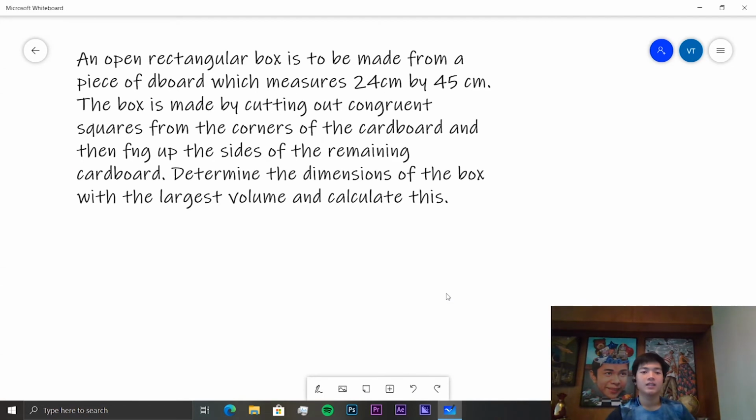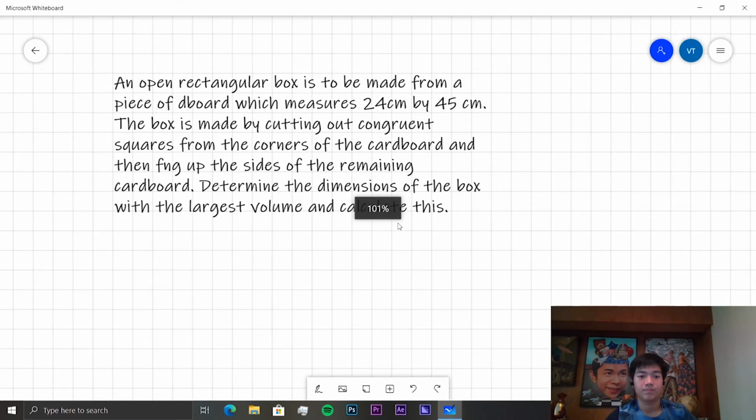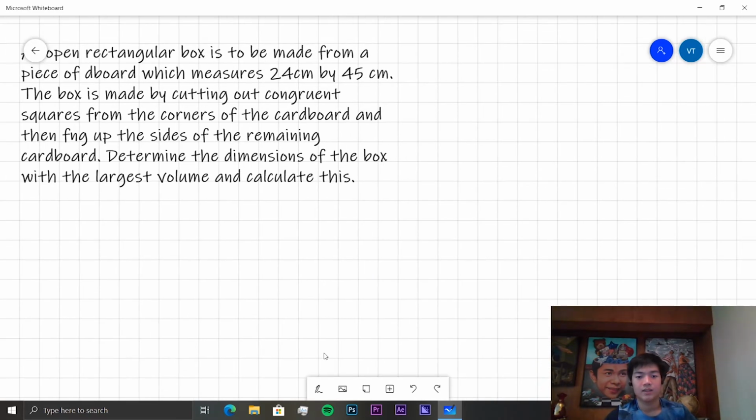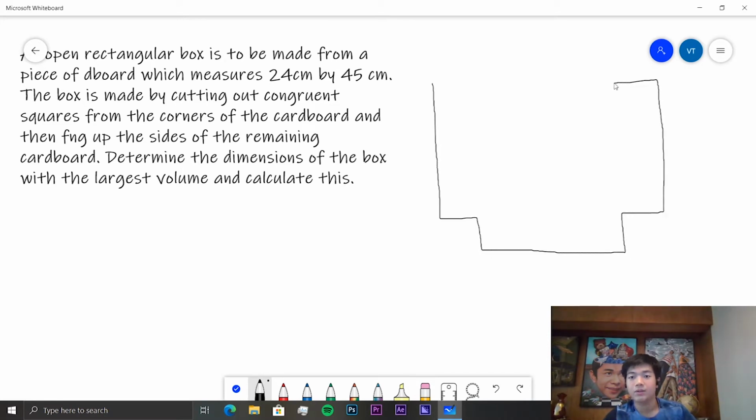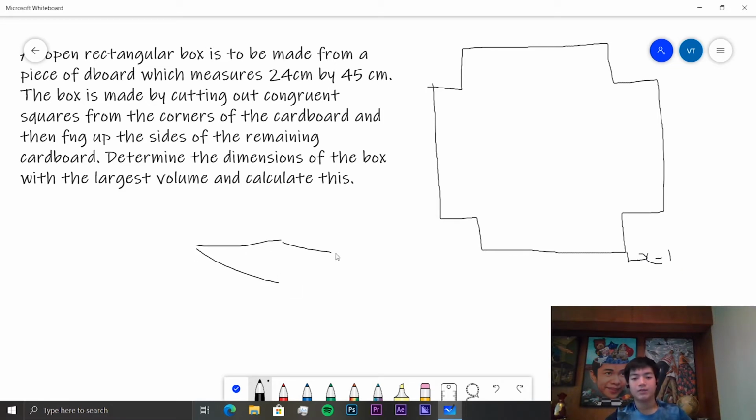Okay, so if we have our diagram of a box, we need to cut out some congruent squares from the corners. So what do we know about the dimensions of the box? Well, let's call this part we cut out x. And so the final box will look something like this.